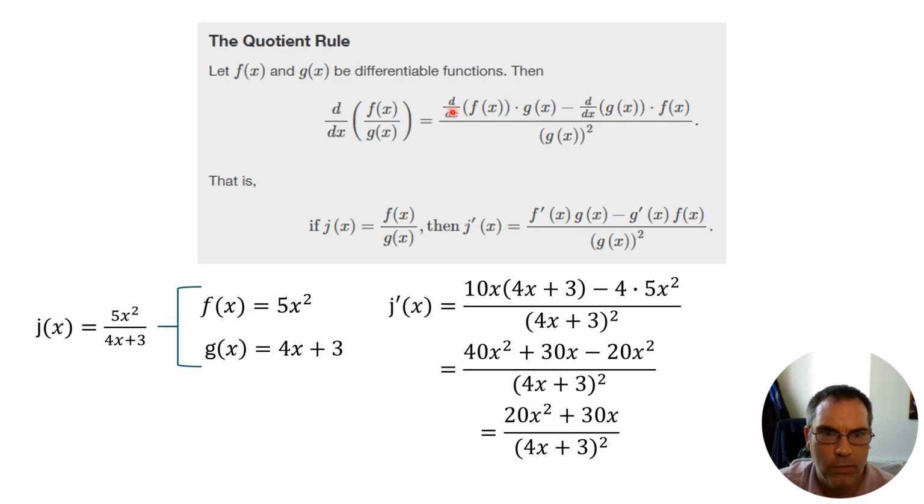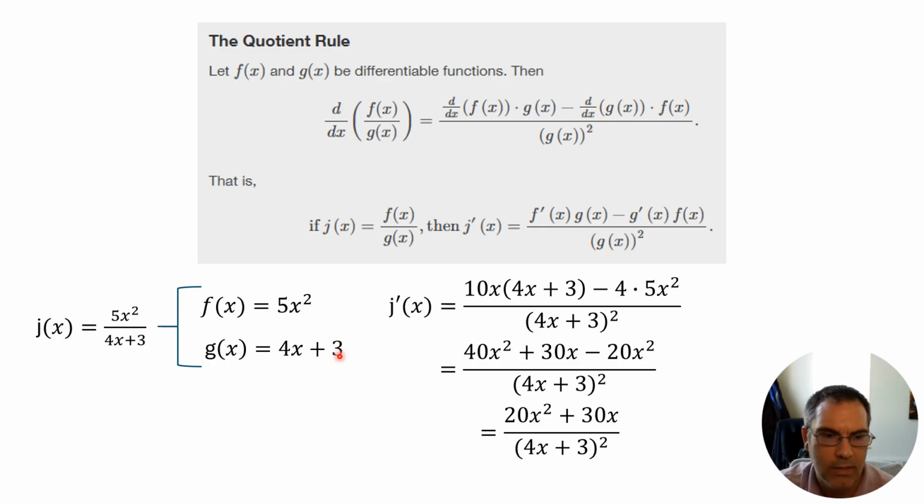So following the rule, derivative of the first times the second. So derivative of this is going to be 10x, so 10x. And then we leave this function alone for now. It just stays 4x plus 3. Minus derivative of g. So this is a line. Differentiating 3 gives us 0.